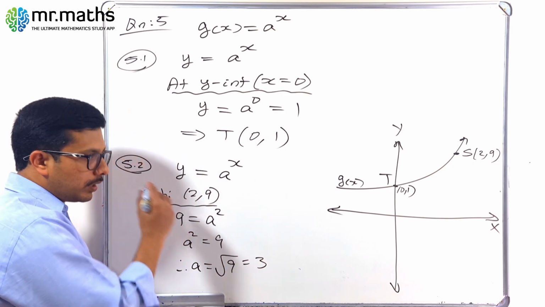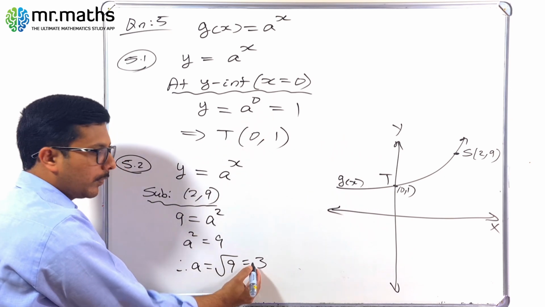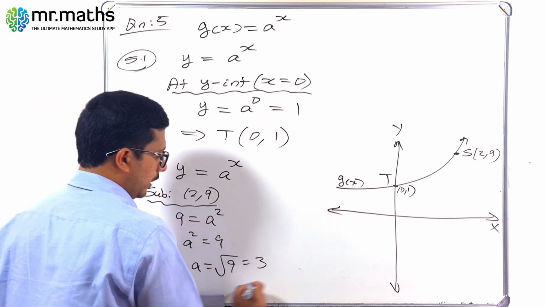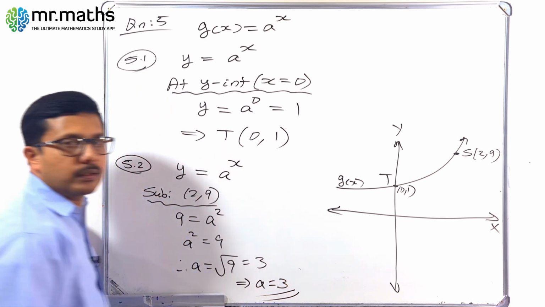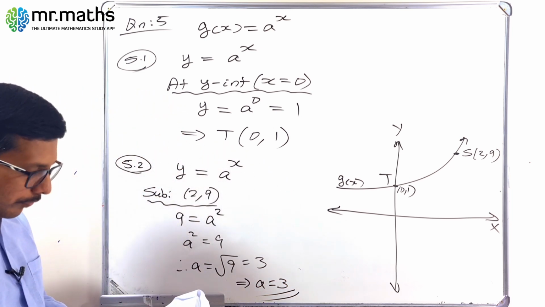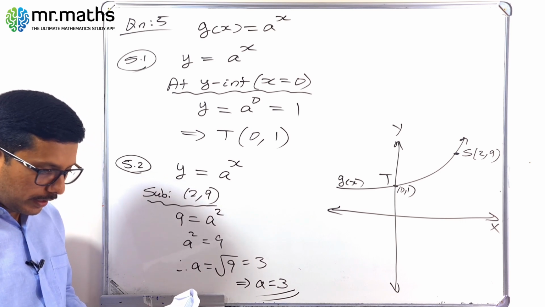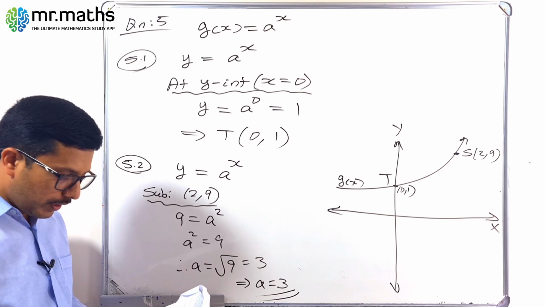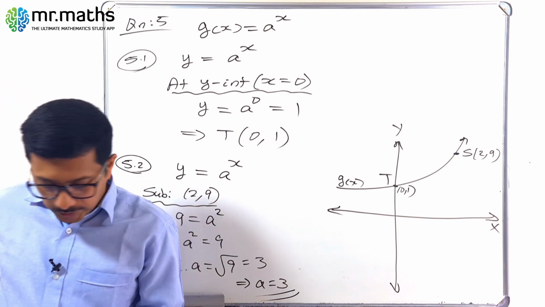Since the shape of the graph is like this, we can't take minus 3. So the value of a is equal to 3. That is question number 5.2. Now a is greater than 0.